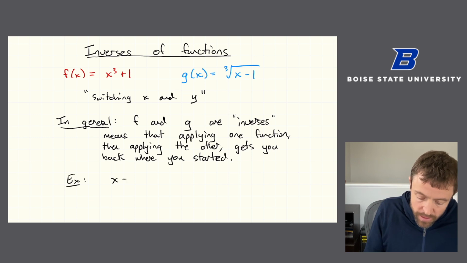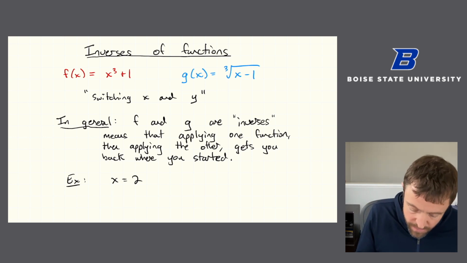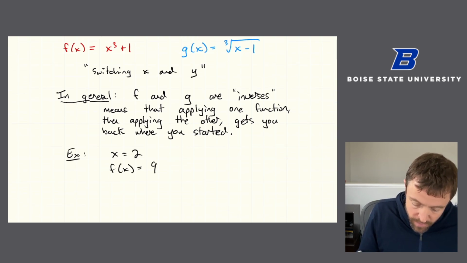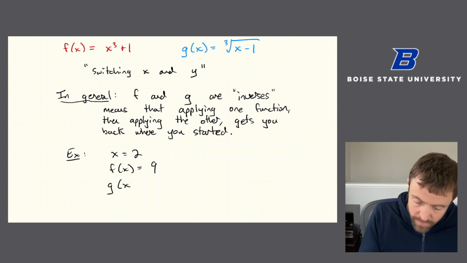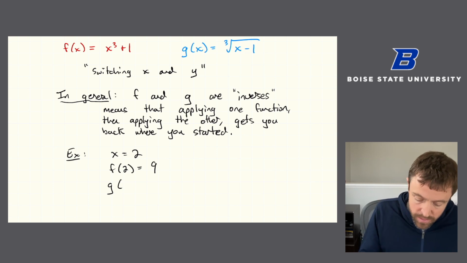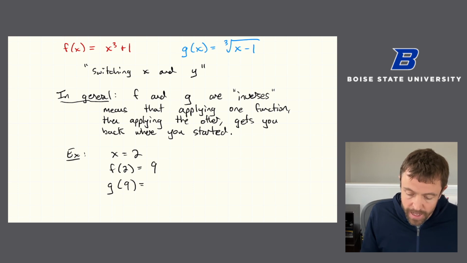So if we start with x equals 2, and we plug this into f, we get 9. Let's be clear, this is f of 2 is 9. And then we plug this back into g. We plug 9 into g. What do we get?